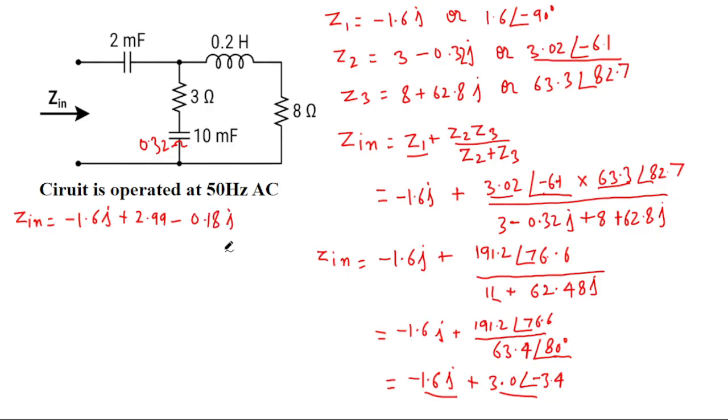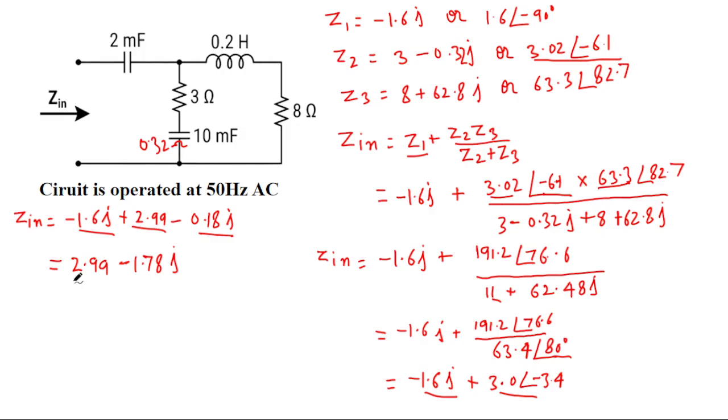So now this is very easy. Now the real and imaginary parts can be added, and the real part can be written separately. So Z in will be equal to 2.99, and when you add 1.6 and 0.18, it will become minus 1.78 into J. Okay, so this is your final equivalent resistance, 2.99.